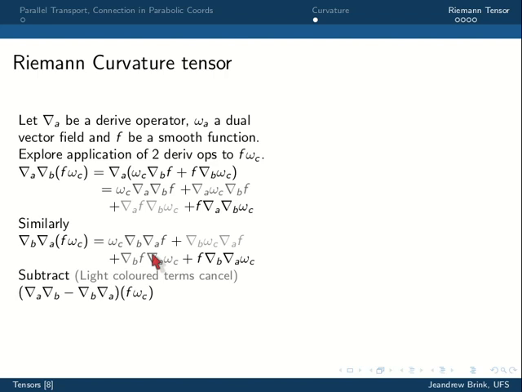And what you're left with is this difference, which equals these terms with just F. So it's F times the differences in the two operators applied just to omega C. And that's basically it.